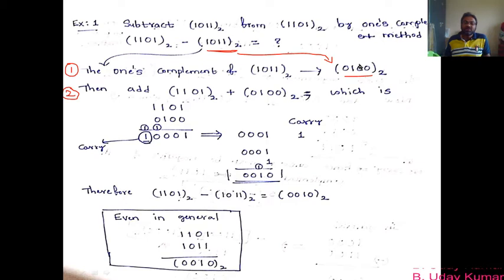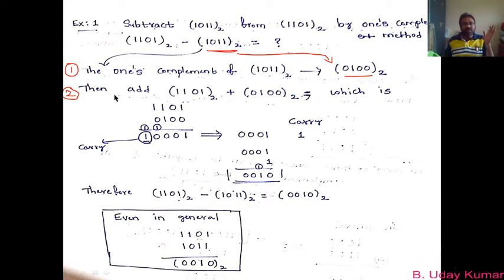And the next step is, actually we were subtracting this from 1101. Now you have to add the 1's complement of 1011 to 1101. It's very simple, it's not at all difficult. You have to just follow these steps, right?